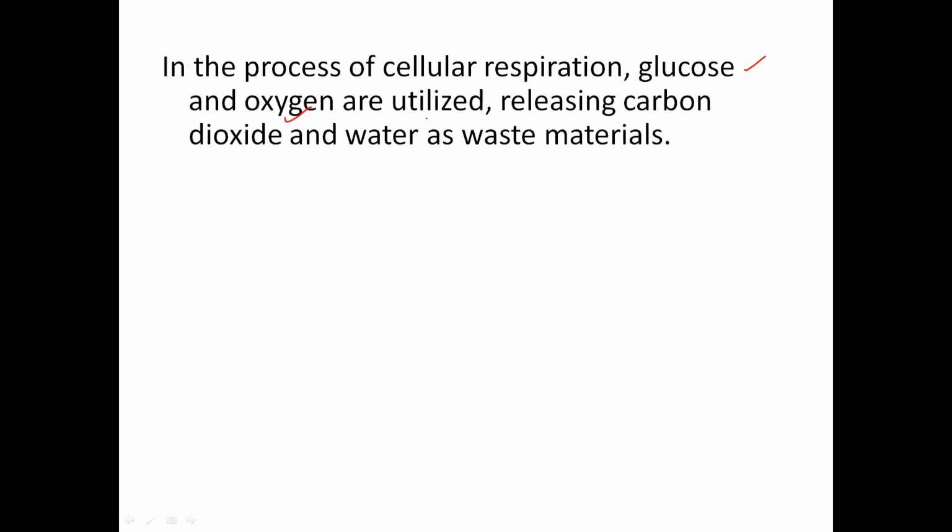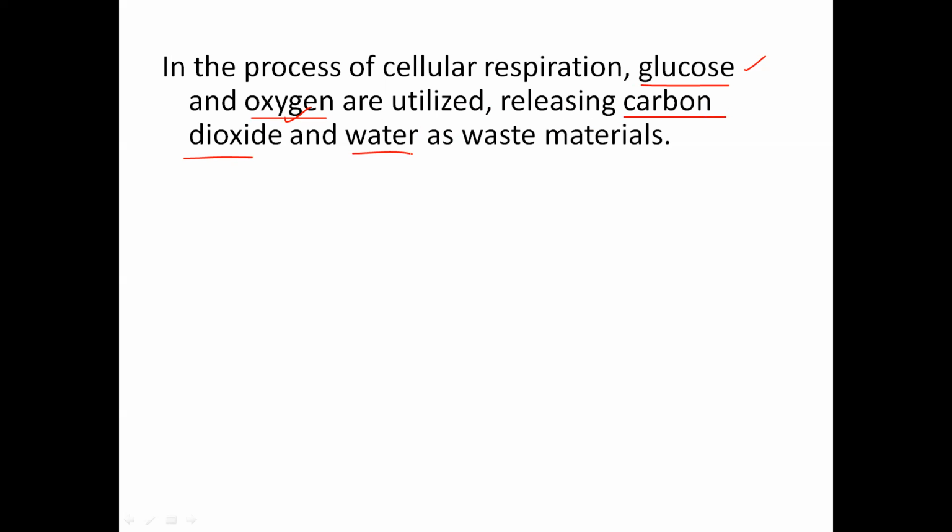If you're going to look at the sentence, there are two reactants. So in the process of cellular respiration, the substances that will begin the reaction are the following: the glucose and then the oxygen. Okay. And then you notice there are also two products. It releases the following: carbon dioxide and water.